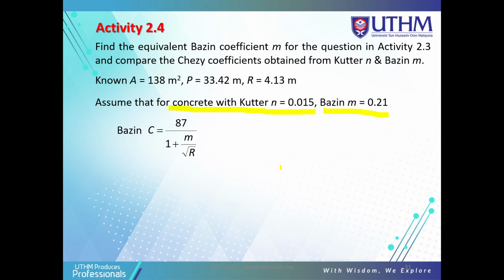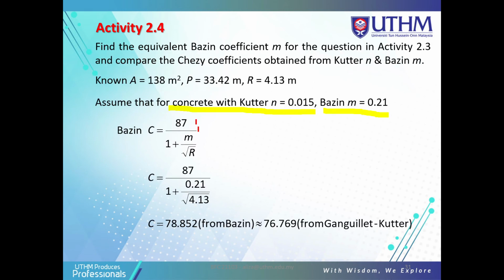So you use the Bazin formula here. Put all the values in, so you get the Bazin C, which is 78.852. But for Kutter, you get 76.769, from the previous slide that you got from the Kutter formula. So there is a difference between the two values of C. Actually, no need to worry.